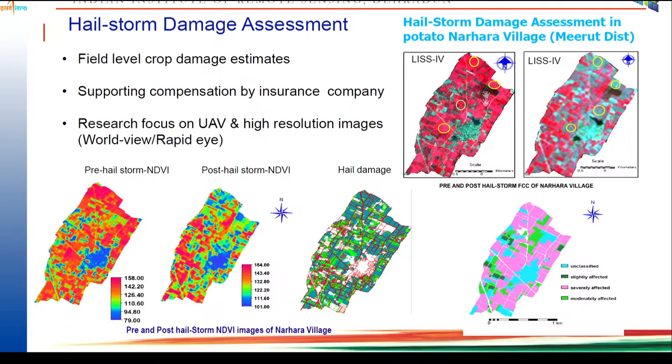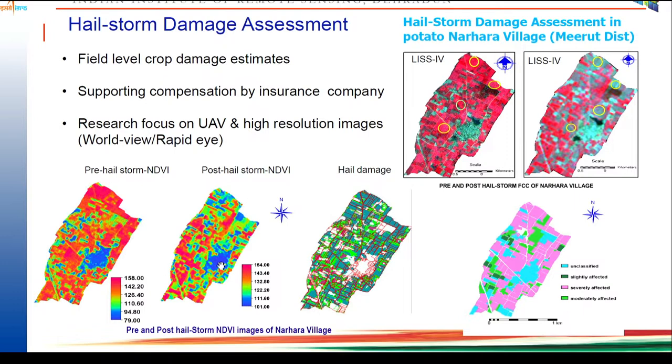This is one area near Meerut. There is one village where there was a hailstorm. Just before the hailstorm, one image was acquired, and after the hailstorm, an image was acquired. Wherever good crop was there, it is all affected and damaged, and it is captured easily with the post-hailstorm satellite imagery acquired by the Resourcesat or Indian Remote Sensing satellite.